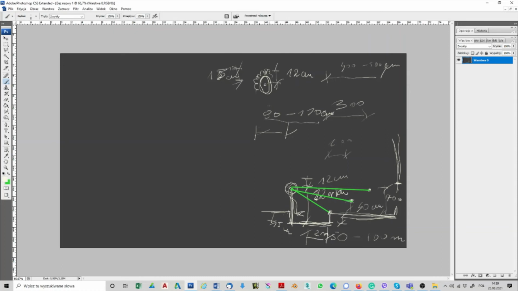Of course, the closer people are to the stage, the better they hear, the better direct sound they have. So the next person is sitting exactly the same, with the eyes at a distance of 12 centimeters. So we just check the point.